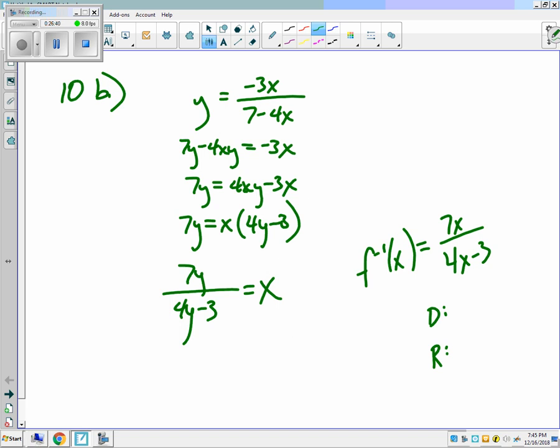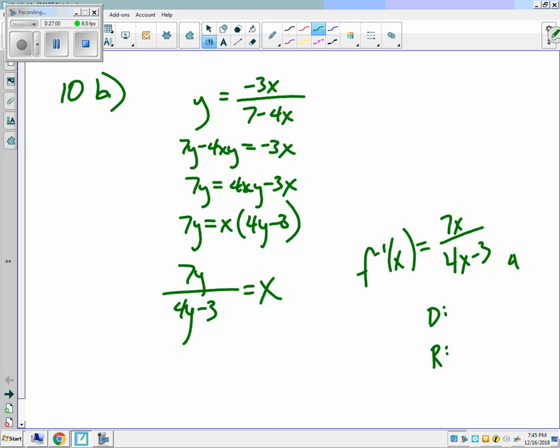What's the domain down here? What can x not be? 3/4. X can't be 3/4, right?